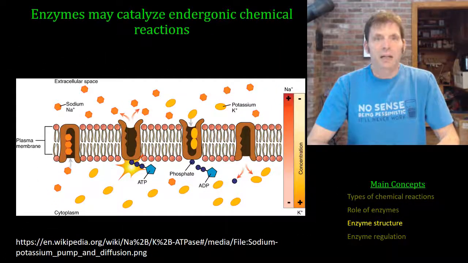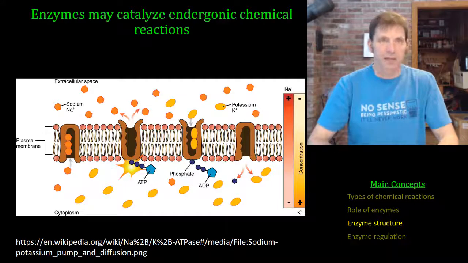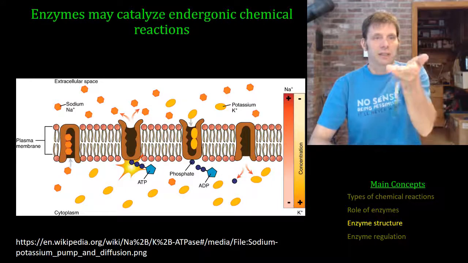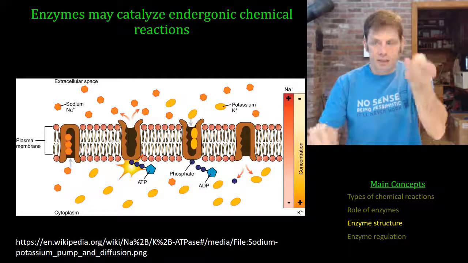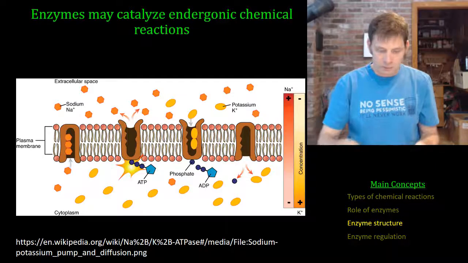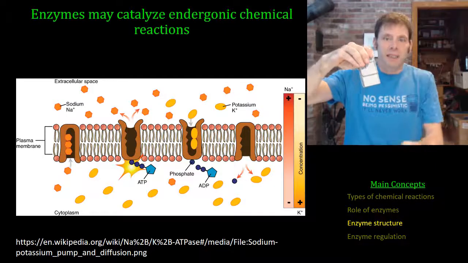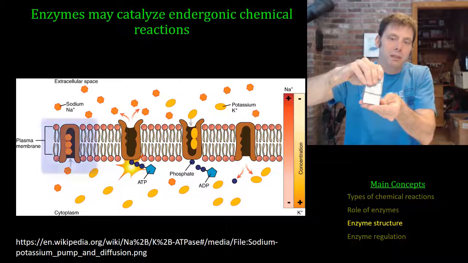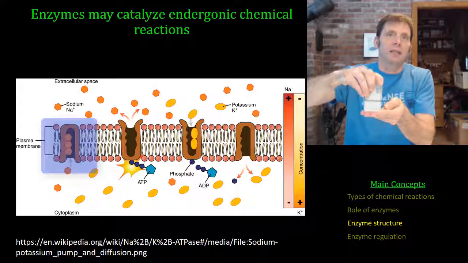So let's have a look at a pretend sodium-potassium exchanger, this little mousetrap I have here. I have three sodium ions, they're Kix cereal, and two potassium ions that happen to be cashews. At rest, the sodium-potassium exchanger can go ahead and bind to these sodium ions that are inside the cell.